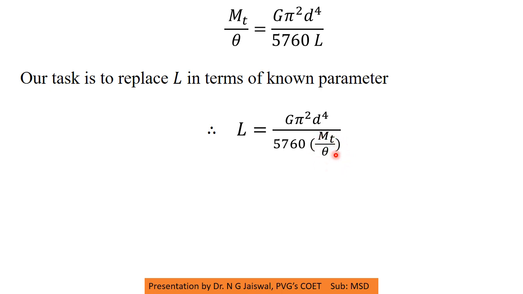So L is now replaced by parameters which are all known. G is known, it is given in tabular form. D is not known, but d we have already found in terms of some known parameters. That's why d is now again in terms of known parameters. Mt by theta is also given. Okay. So same equation, d raised to power 4 I have separated out.